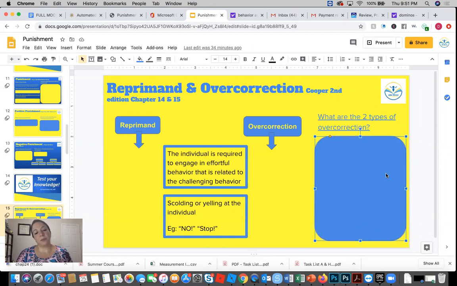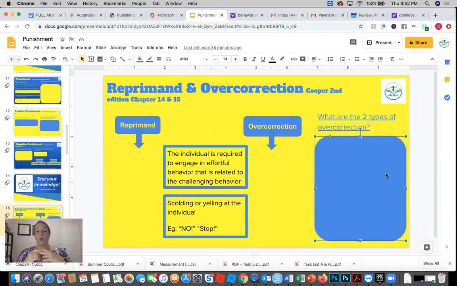So your client writes on a wall with the marker. So you have your client clean the wall and also clean the floor. Okay, that one's which one? Restitutional. Okay, good. And positive practice is if someone misspells a word, you have them rewrite it about 30 times.